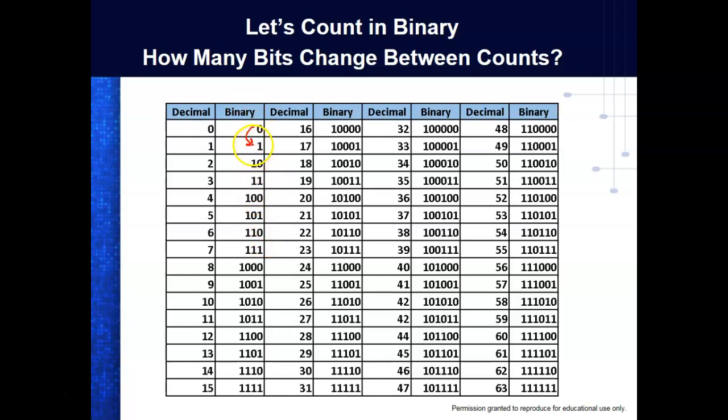How many bits changed when I counted from 1 to 2? 2. Right? This one changed to a 0. How many bits changed when I counted from a 2 to a 3? 1. How many bits changed when I counted from a 3 to a 4? 3. So what happens is that we would have different propagation delays for every count, right? You understand that? And here only 1 bit changes, here 2 bits change.